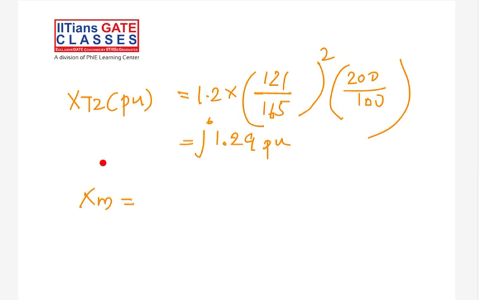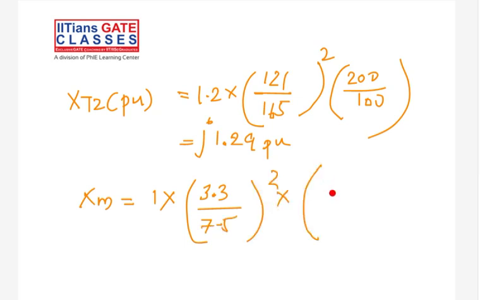Yeah, so the last one is 1 into 3.3 divided by 7.5, the whole square, into 200 divided by 55. So there is no confusion why this is 7.5, right? I think this should come as 0.44.